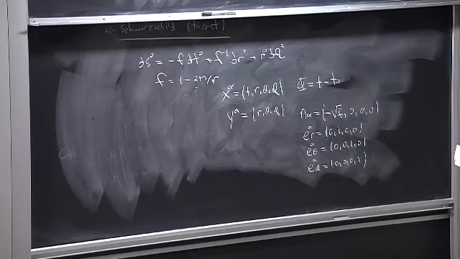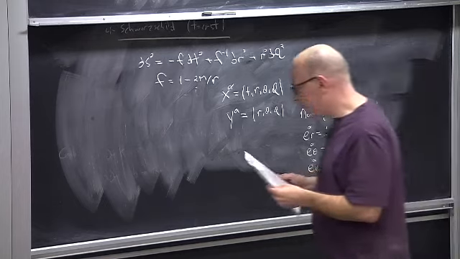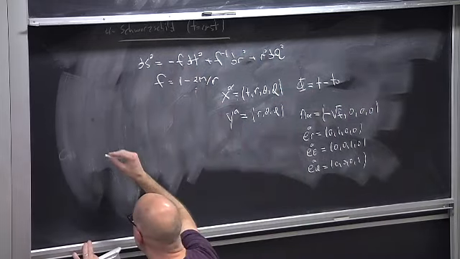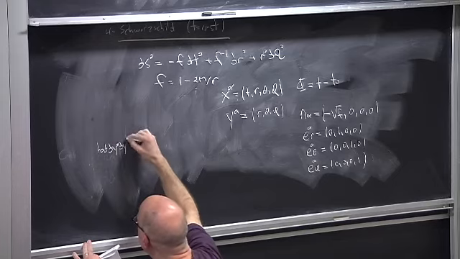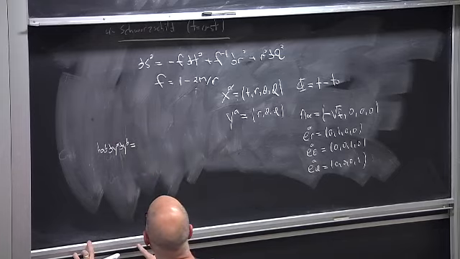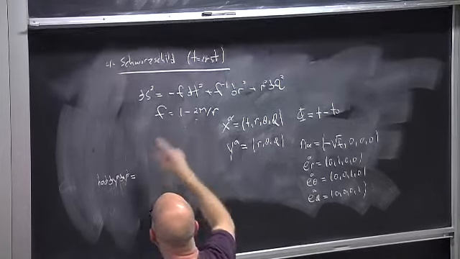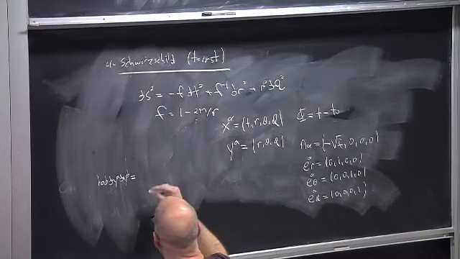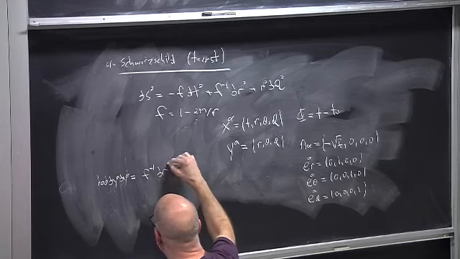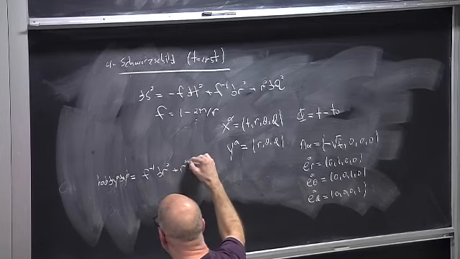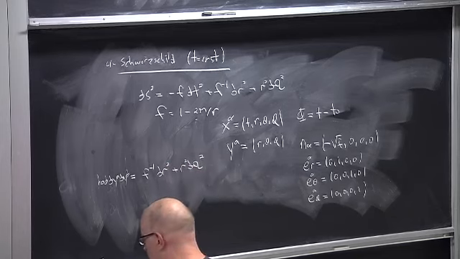So, with all of that, we find that the induced metric on the hypersurface is going to be basically what we get when we get rid of the dt squared in the four-dimensional metric. So we get f to the minus 1 dr squared plus r squared d omega squared from the two-sphere.